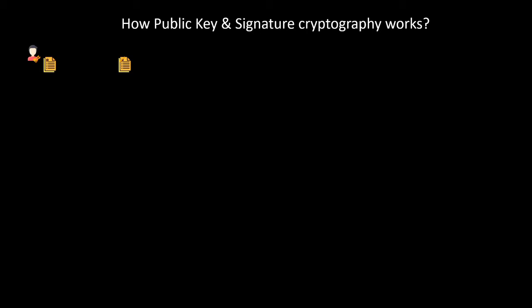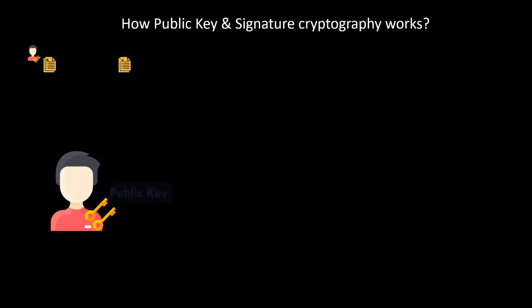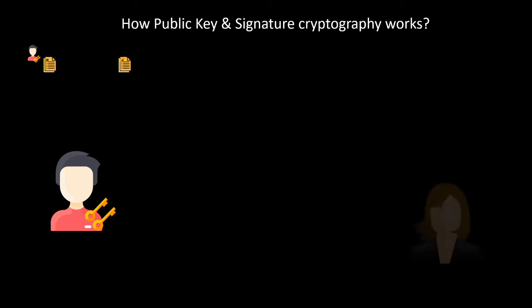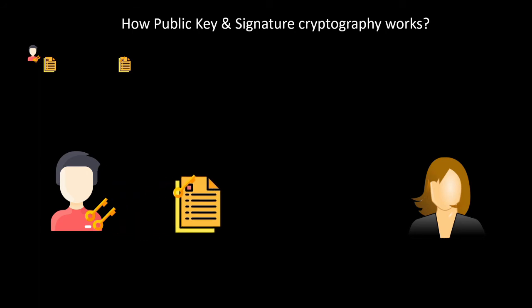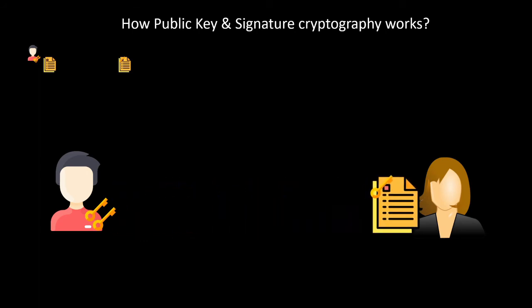Let's say Alex wants to send a message to Alice and he has his own public key and private key. He created a message with his public key and sent it to Alice. Now, if Alice wants to verify who is the owner of this message, then she can verify it by using a public key.